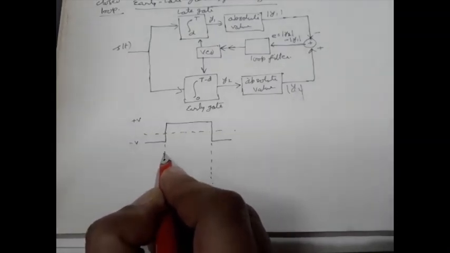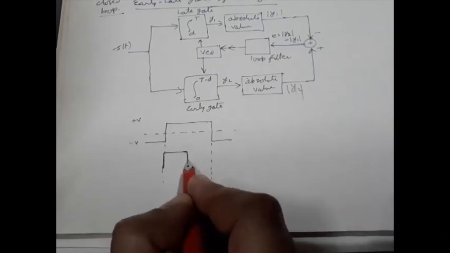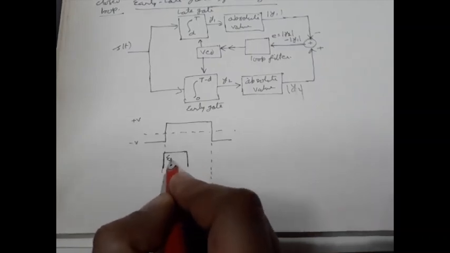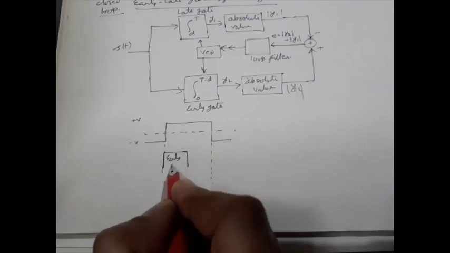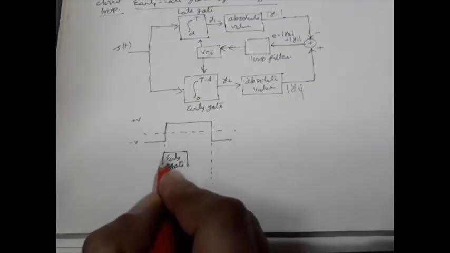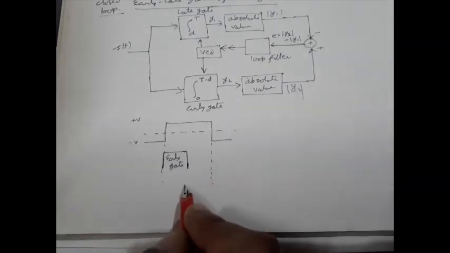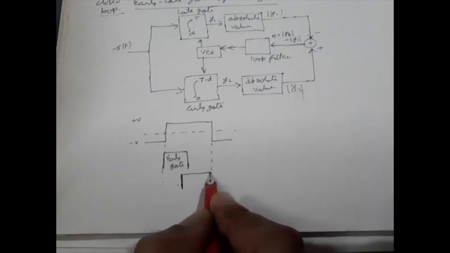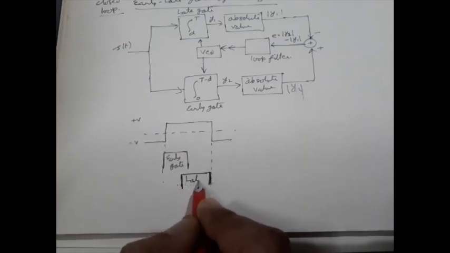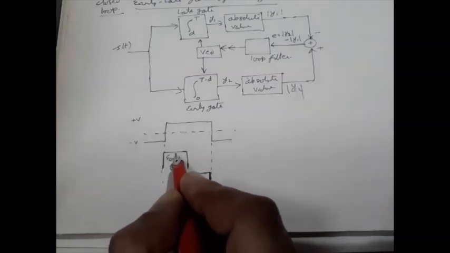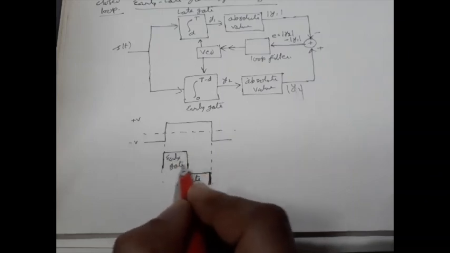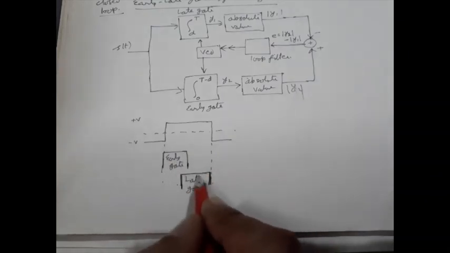So what early gate will do, early gate will integrate this portion, and late gate will integrate over this portion. So early gate will accumulate the signal within this region, and late gate will accumulate like this one.